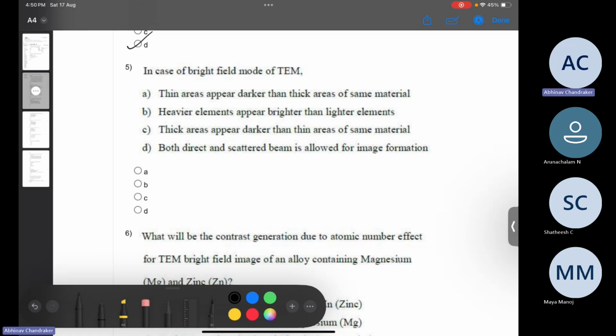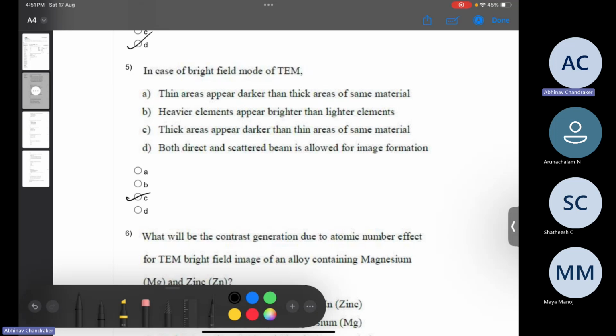Option C. Okay. Yes, the correct option is C. Thick areas will appear darker because of what we call the thickness contrast. So the thicker areas will have more material or more number of atoms that the electron will have to encounter.